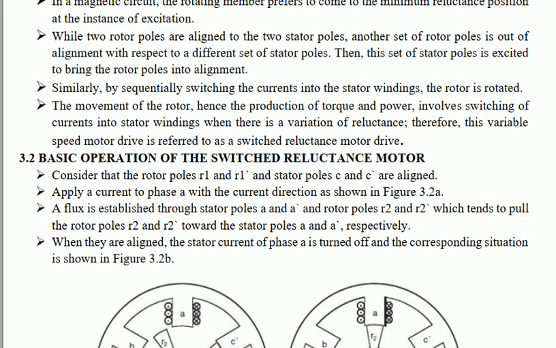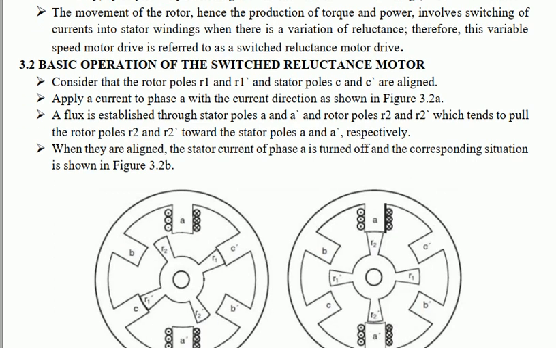Basic operation of the switch reluctance motor. Consider rotor poles R1 and R1 dash, and stator poles C and C dash. Here are R1 and R1 dash and stator poles C and C dash. This is R2 dash, and B and B dash. This one is A dash.